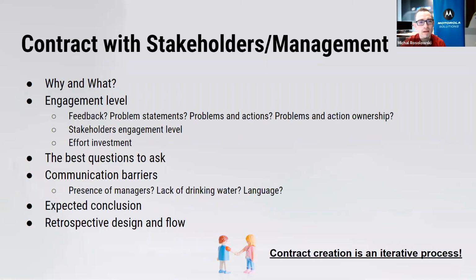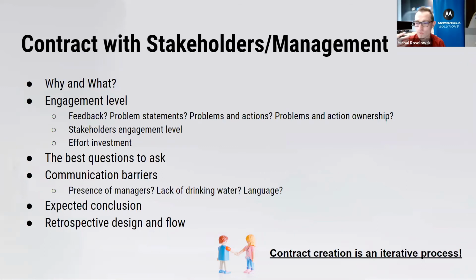So firstly, we have to ask the stakeholders why. We have to ask them, what is the reason that they are even asking for a retrospective? What happened? What is it that they see that led them to thinking about a retrospective? When we capture that, you have to talk with the stakeholders about the engagement level. What is it that we want from these people?